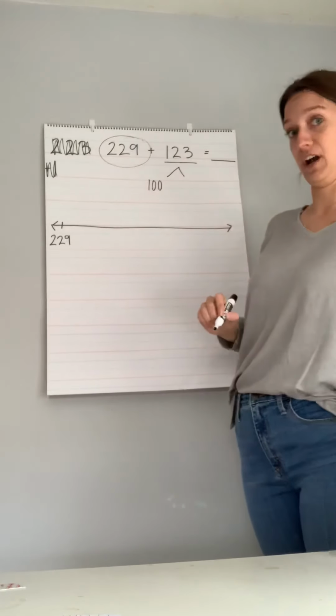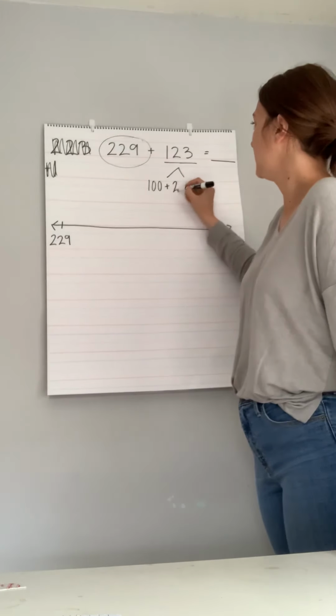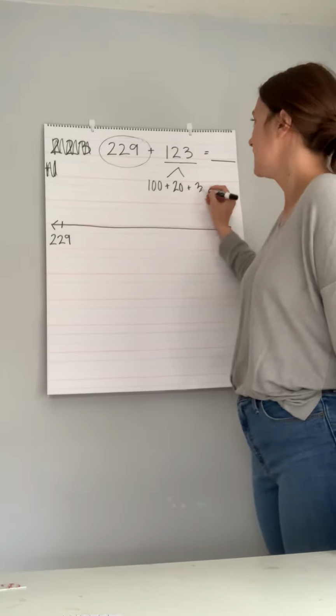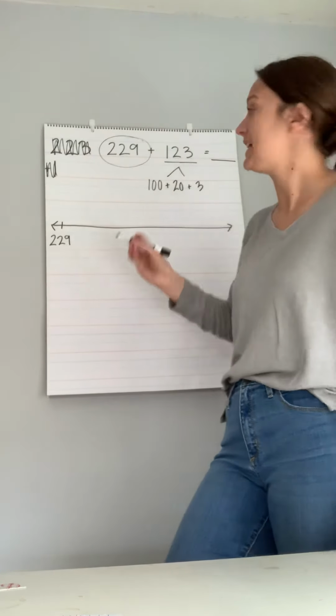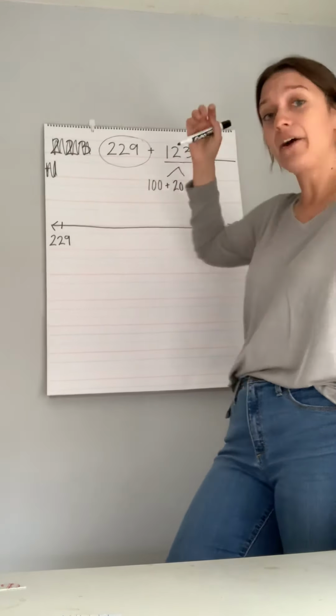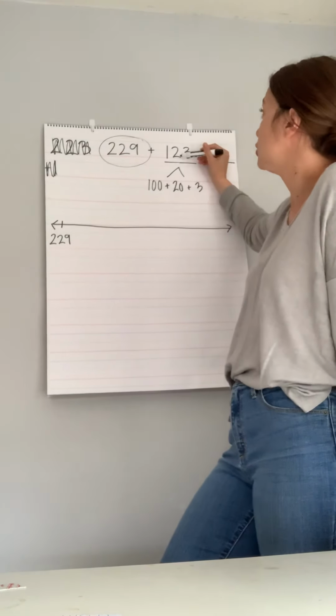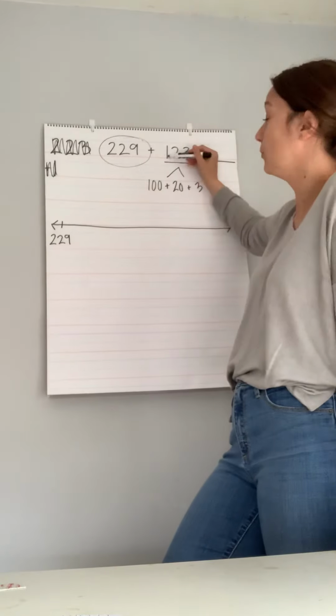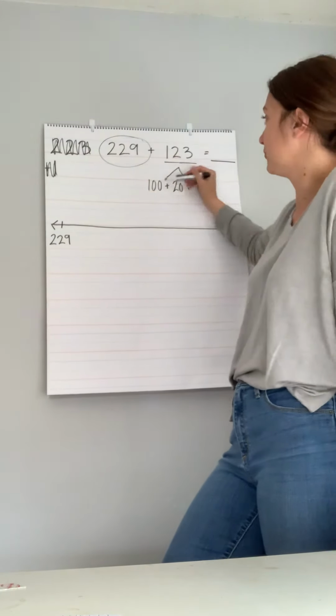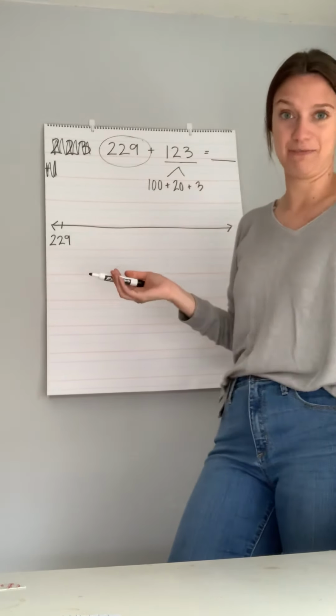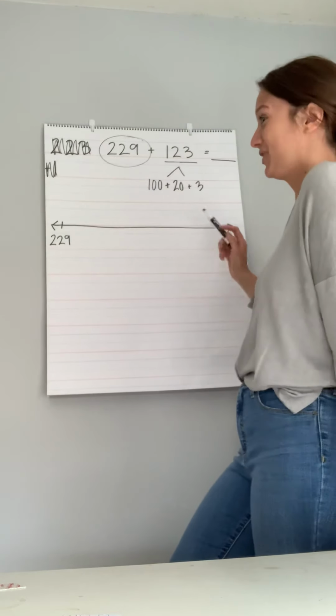I'm going to do 100 plus 20 plus 3. Now remember, expanded form is just taking the numbers out of their place value. So I take the 3 out of the ones, the 2 tens out makes 20, the 100, and it makes 100. And then I add them together to make expanded form, okay?